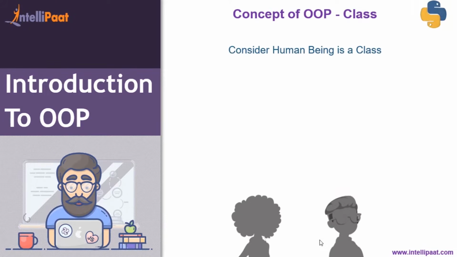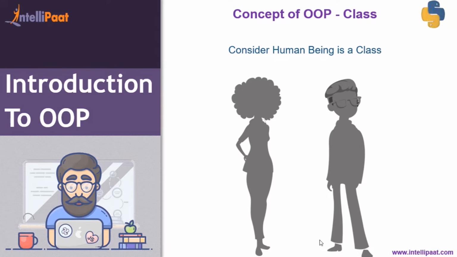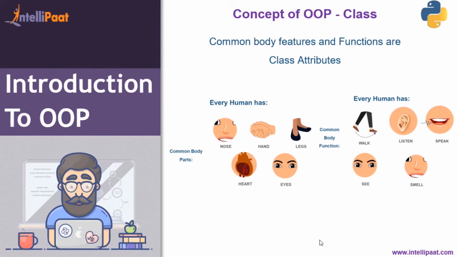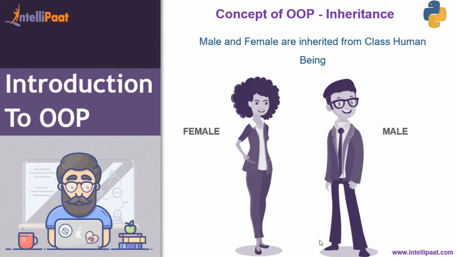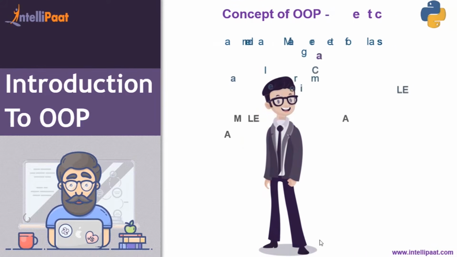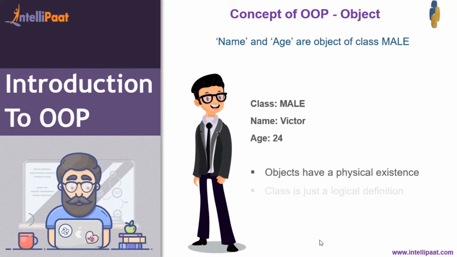Now let's bring in the concept of OOPS over here. So here human being is a class and the common body features and functions are the class attributes. Both male and female inherit from the class human being. So you can say that human being is a parent class and male and female are its child classes. Now every male and female would have some name and age associated with them.